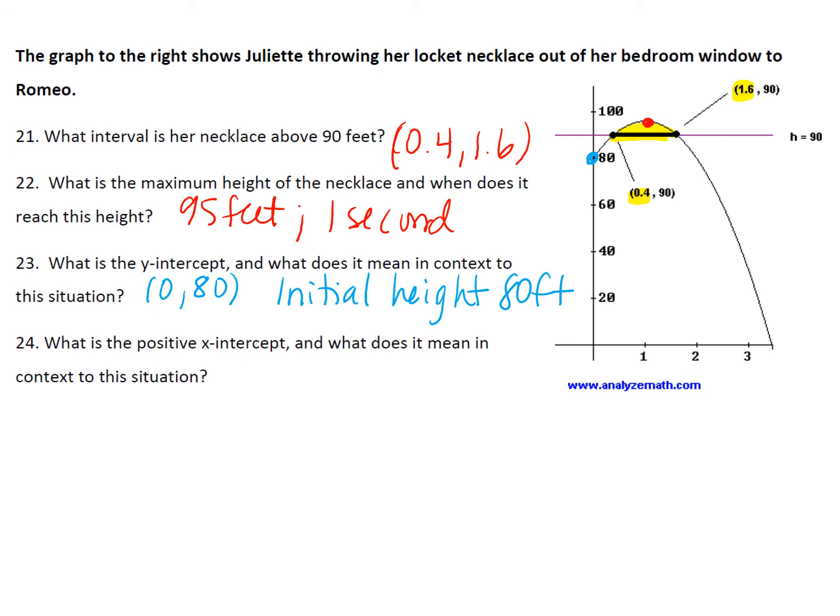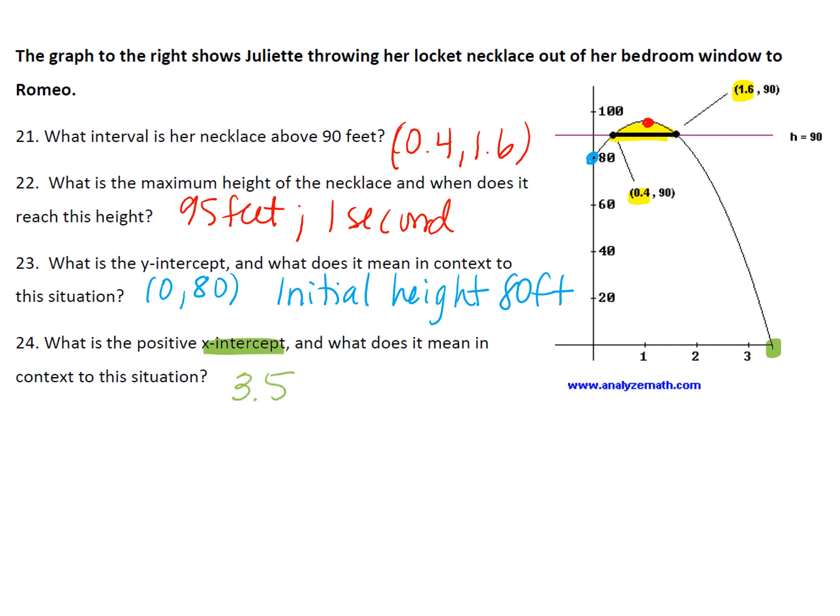All right, and the last one, 24. What is the positive x-intercept and what does it mean in the context of the situation? You may have thought that question was a little weird because we're like, what do you mean the positive one? Because in the graph, I only see one x-intercept. That x-intercept I'm seeing is right here. So once again, we're just going to estimate, and I'm going to say that looks to be after about 3.5 seconds.